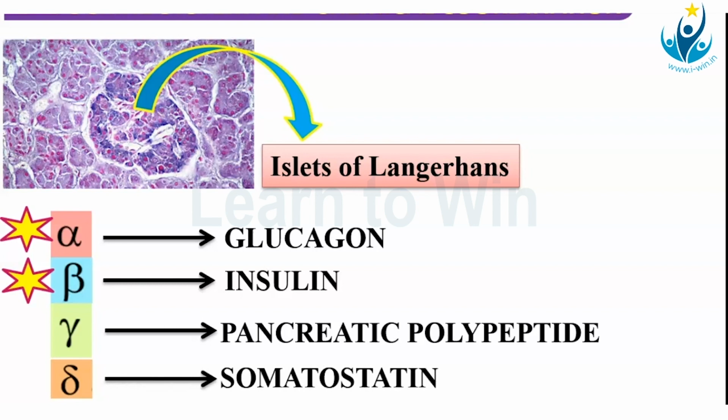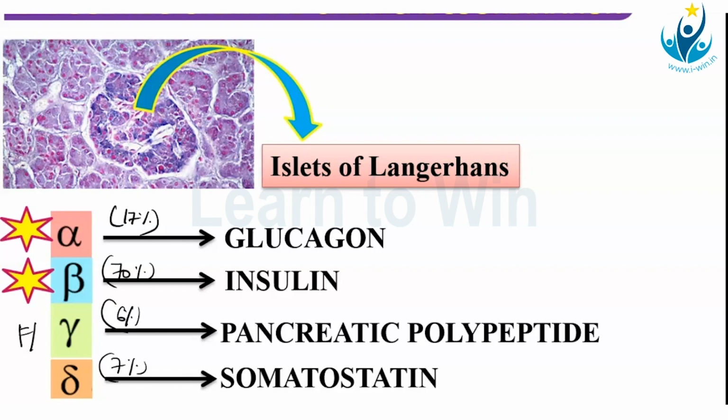Right. Now gamma cells are also called the F cells. In fact, alpha cells make up 17% of the islets of Langerhans. Beta cells make up 70% of islets of Langerhans. The delta cells make up 7% of the islets of Langerhans, and the rest 6% is made up of the gamma cells.